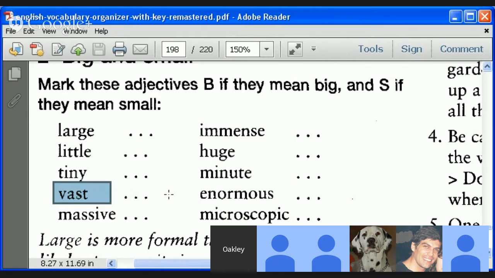Yay, you're correct. Vast is a very interesting word because it works differently than the normal adjectives for big and small. We can only use vast to talk about an open space, a place. The Sahara Desert is vast, or the vast Pacific Ocean.